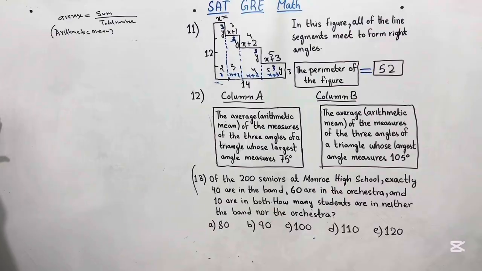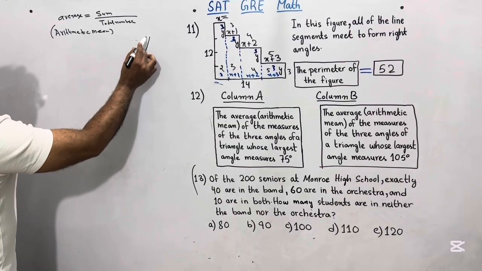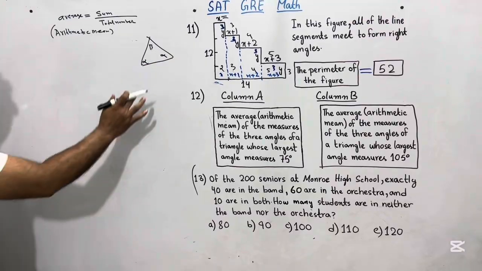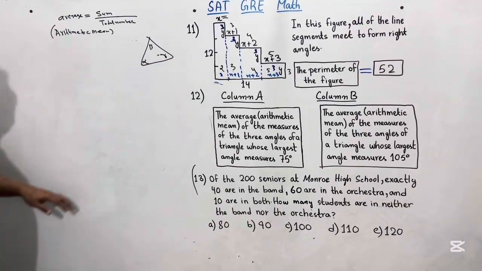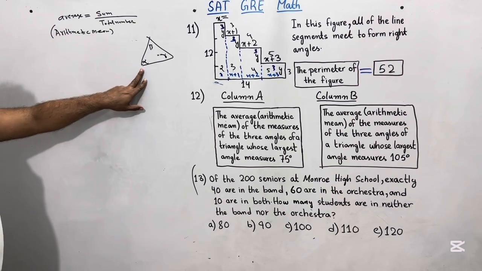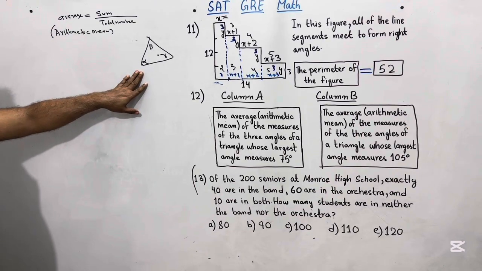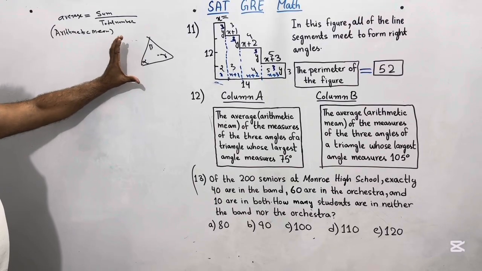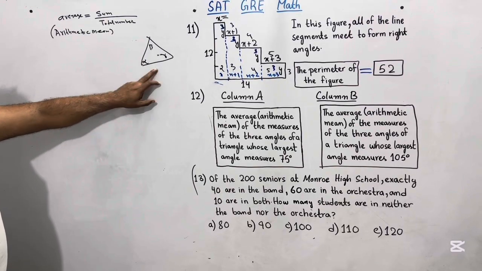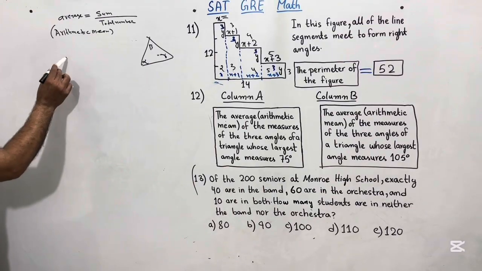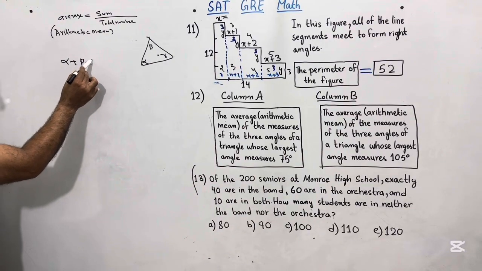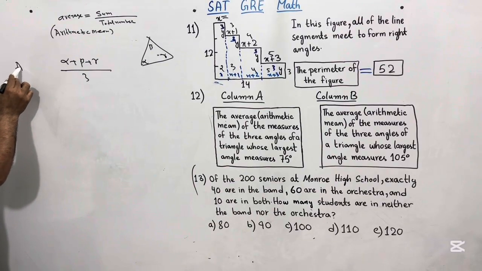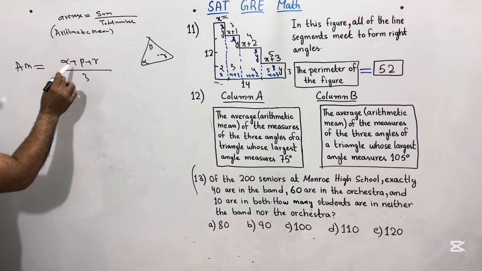Whatever the kind of triangle, alpha, beta and gamma, whether it is 75, 105, even 110, whatever the measures, they have a final limit, an upper bound equal to 180. Their sum, alpha plus beta plus gamma, divided by 3 because there are 3 angles, is our average or arithmetic mean.